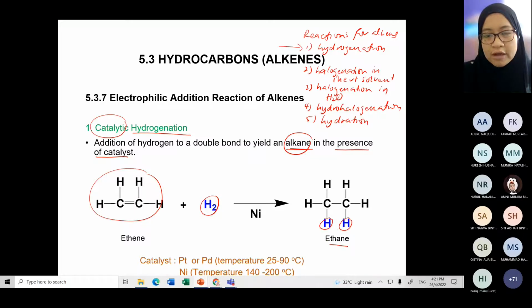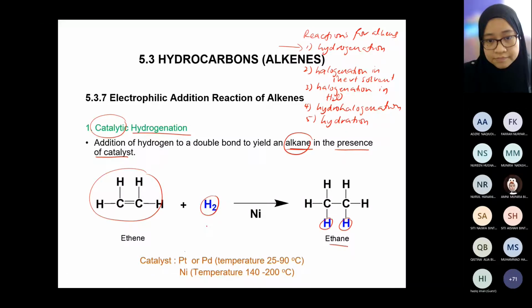As you can see, hydrogen will be added to both carbons. What are other catalysts that can be used in this reaction? Other than nickel, we could also use platinum or palladium.